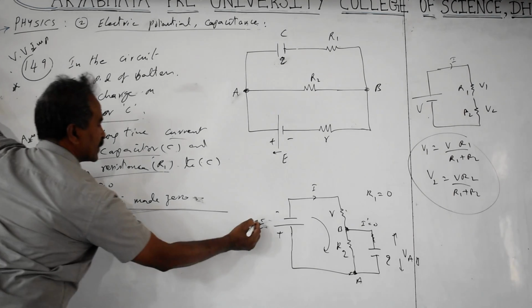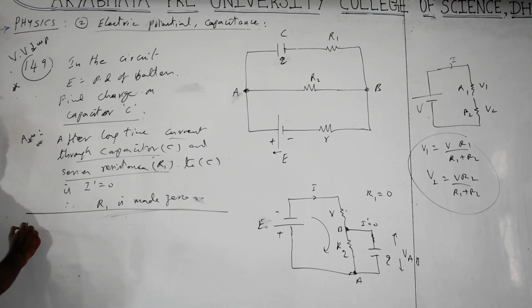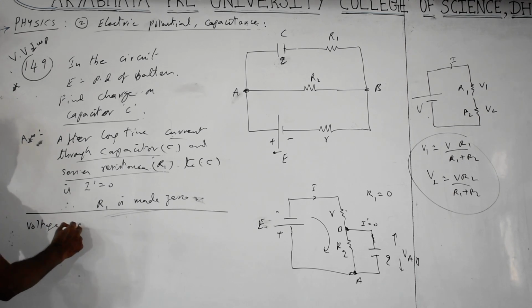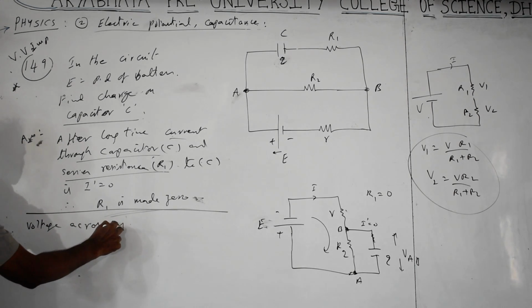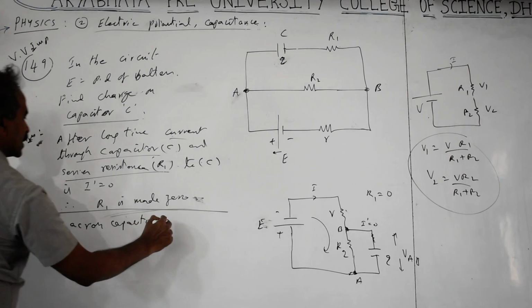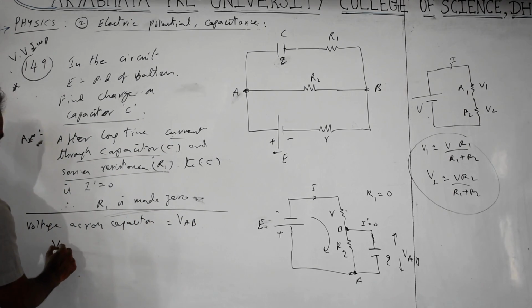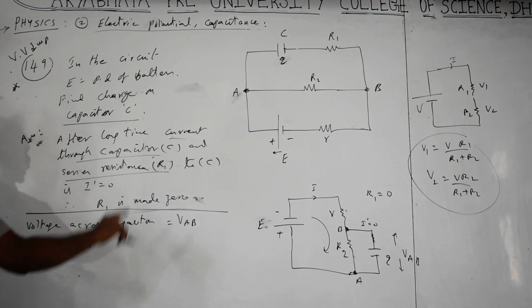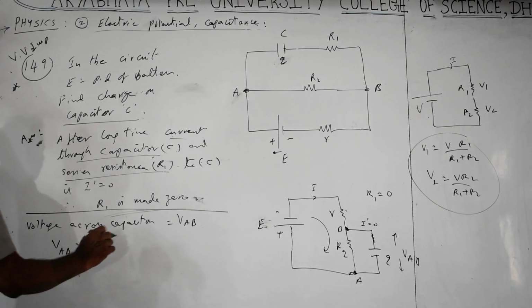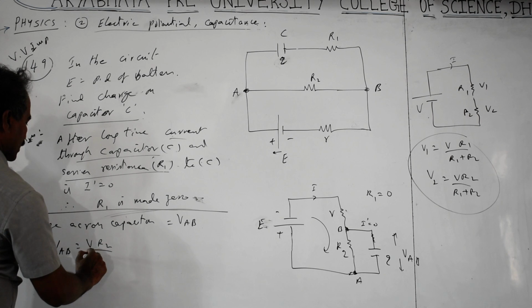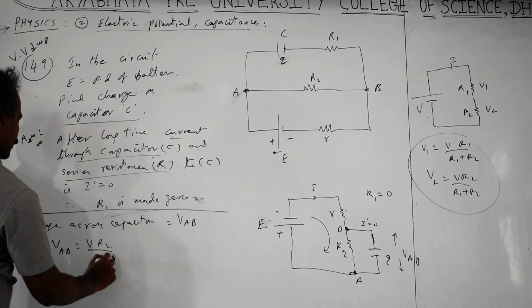Next, the voltage across the capacitor is equal to VAB. And what is VAB? VAB is equal to the total voltage V into the resistance across the capacitor, that is R2 by R2 plus r, is the formula.